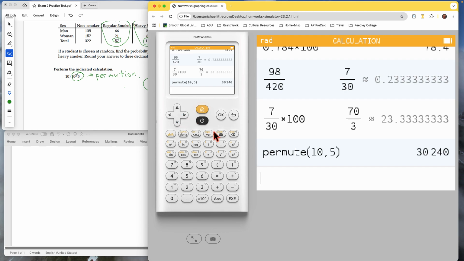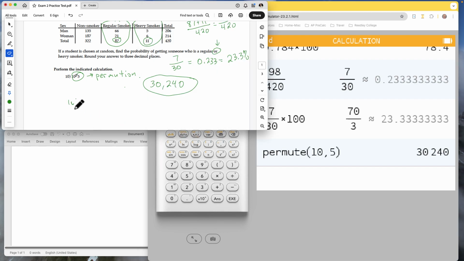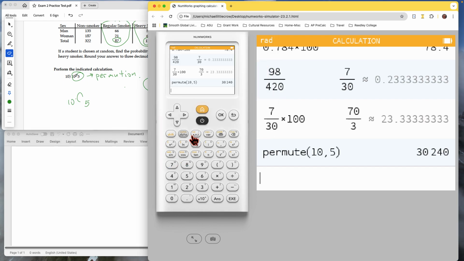On this calculator, had we been asked to do a combination, and that would have been 10 choose 5, which is basically the same thing, but with the combination order is not important. We're still choosing 5 out of 10, but the order that we choose them in is not important.